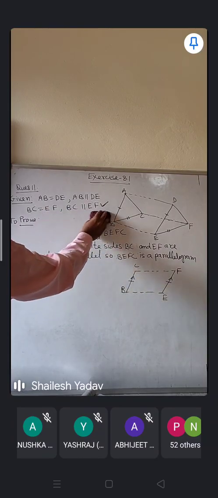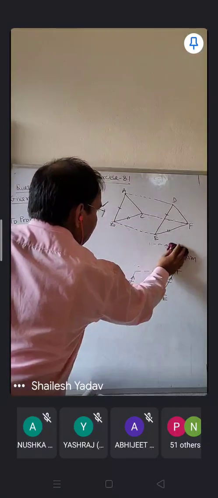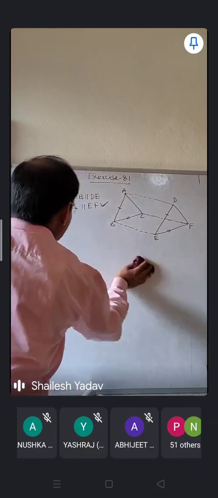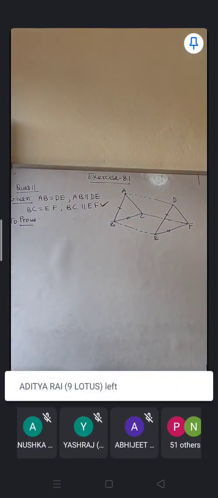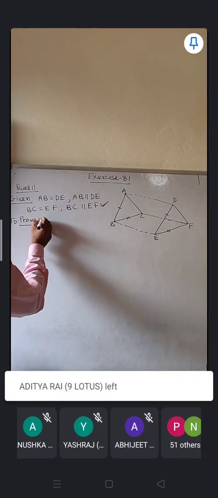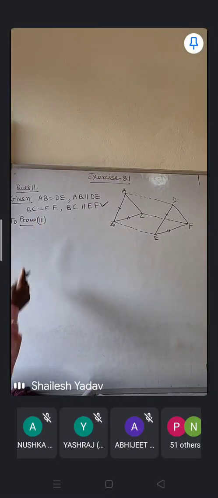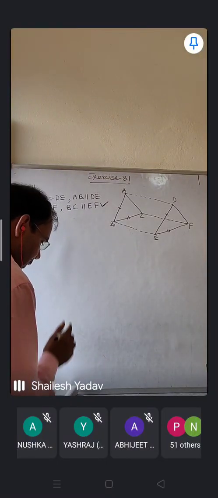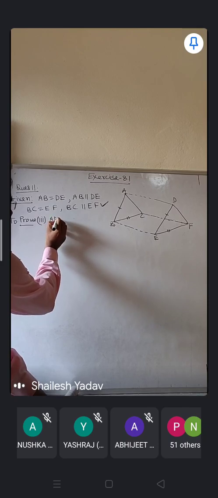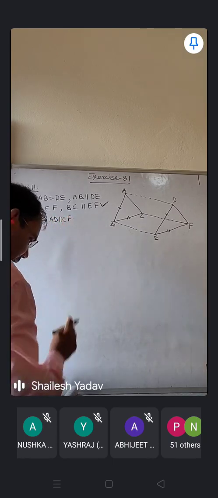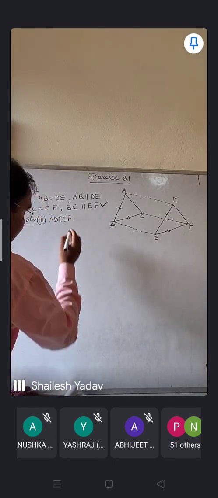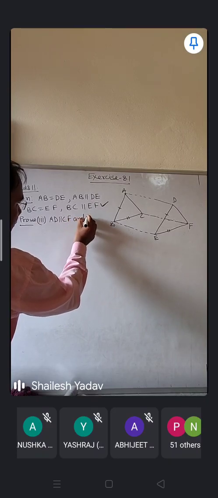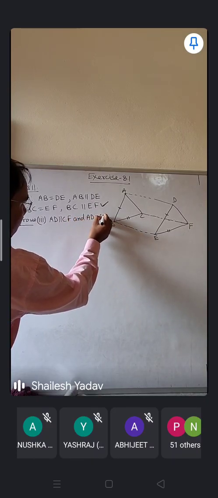In the third part, I will write what you need to prove, and then I will give the proof. You need to prove AD parallel to CF, and AD equal to CF.